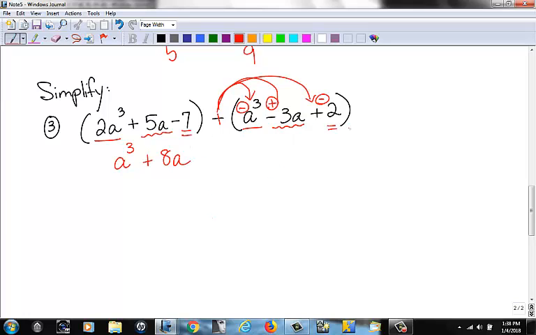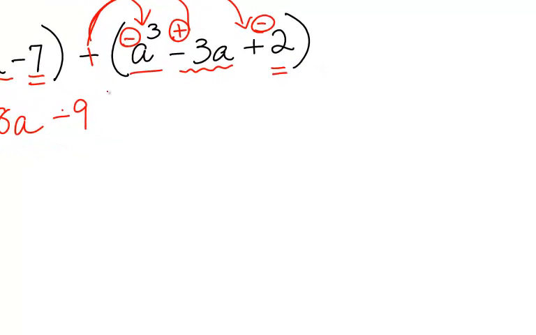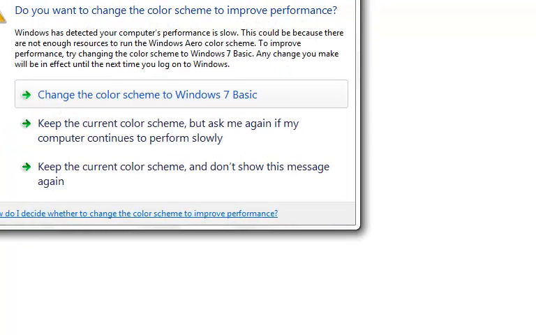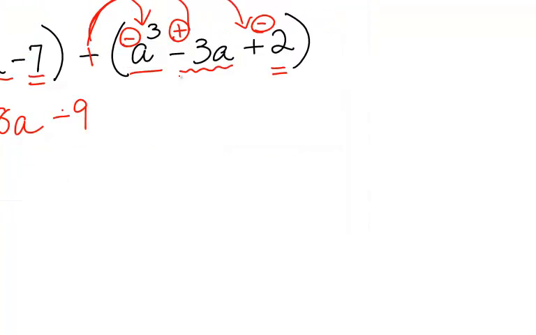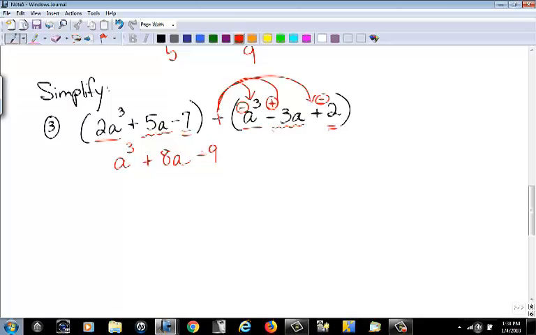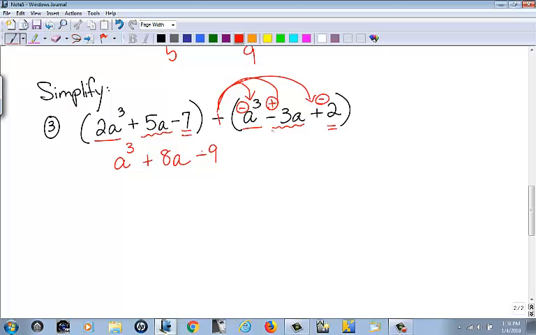So negative 7 minus 2, or plus a negative 2, be minus 9. And I don't care on these if you write minus 9, it's the same thing as plus a negative 9. Okay? So subtraction, you can think of that as a negative 1 and multiply it out, or think of it as subtraction. That's how you probably learned it in Algebra 1.